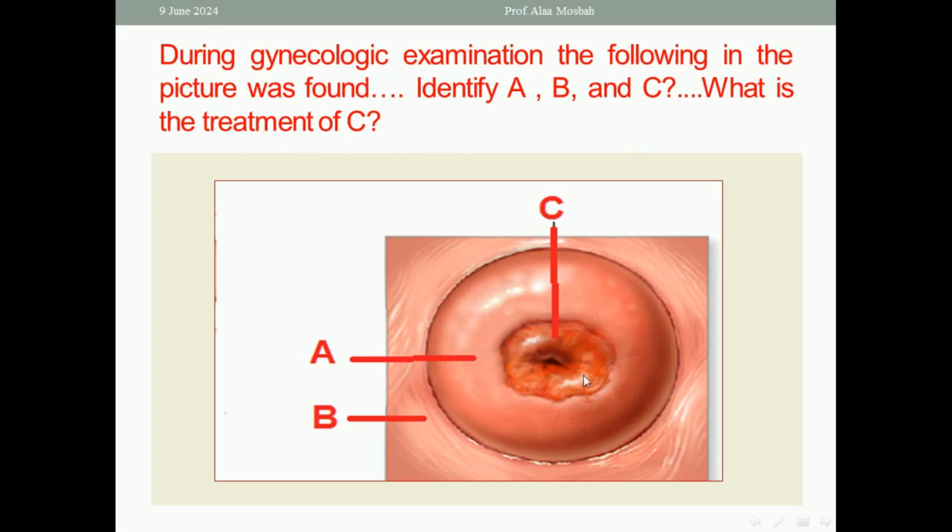Okay, you should know that cervical erosion or ectropion can occur physiologically during pregnancy, during adolescence, in a woman taking combined hormonal oral contraceptive or gestogen like medroxyprogesterone acetate.